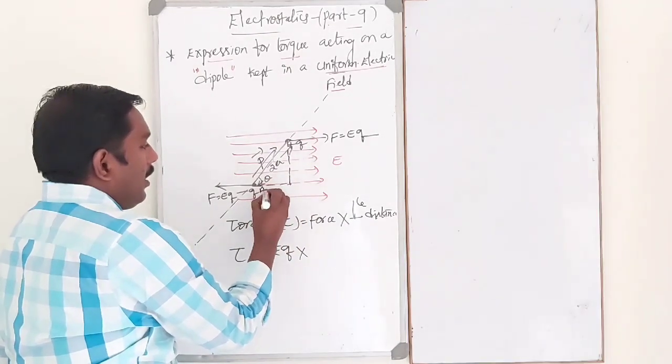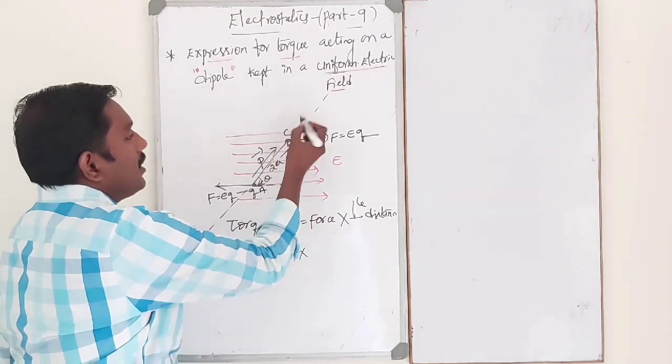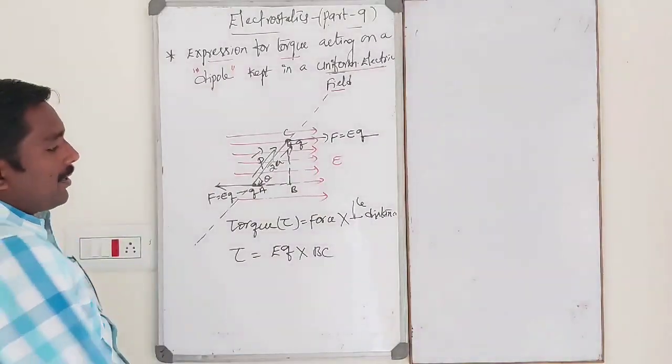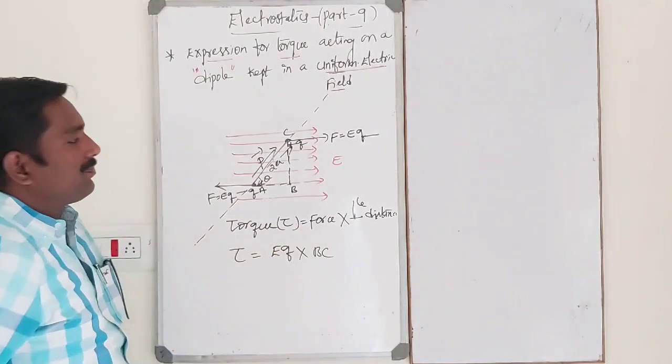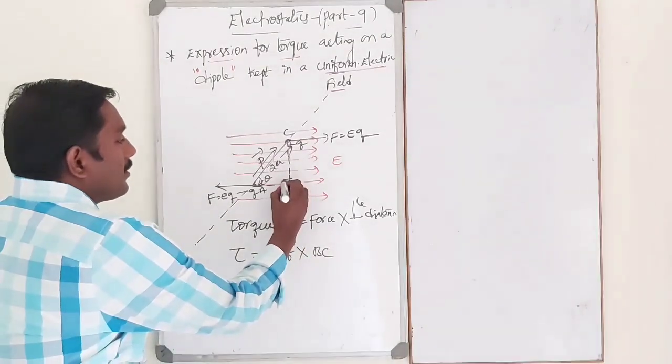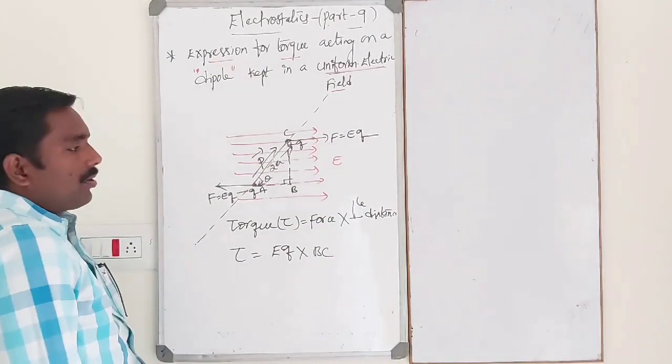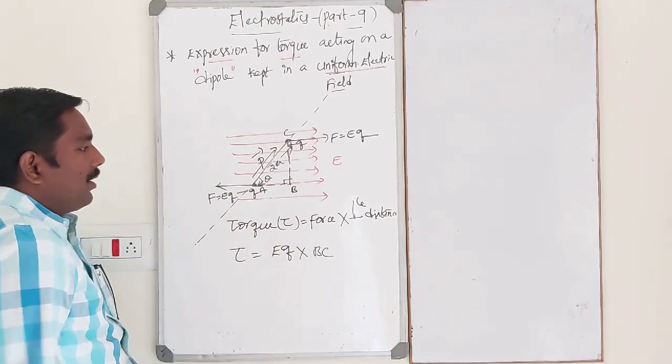So, A, B, C. BC is the perpendicular distance. So I want BC. This is 90 degrees.